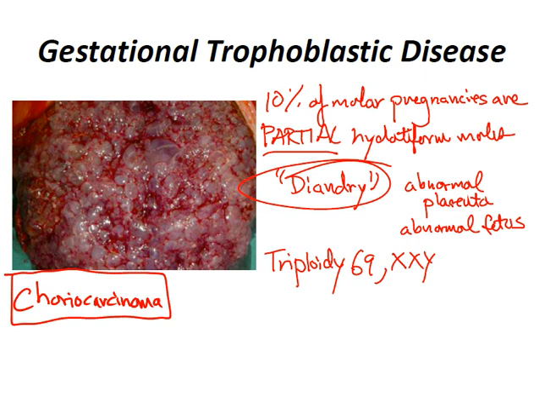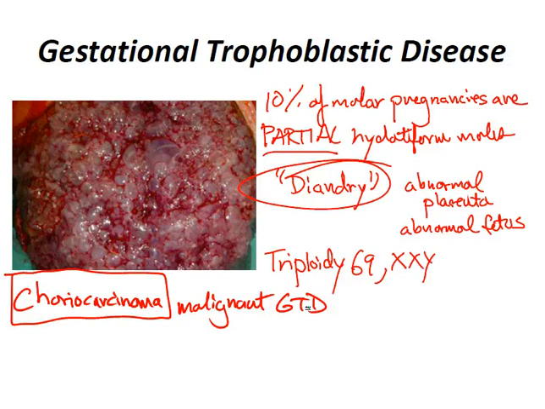This is a malignant gestational trophoblastic disease. Malignant gestational trophoblastic disease. A complete hydatidiform mole is the most common precursor to what? Choriocarcinoma, right? It's the 90%. A complete hydatidiform mole is the most common precursor to choriocarcinoma.